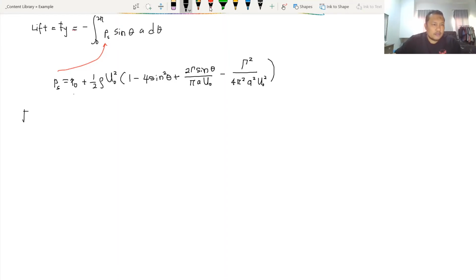So the Fy equal to minus A. The process is similar to when we solved the drag.